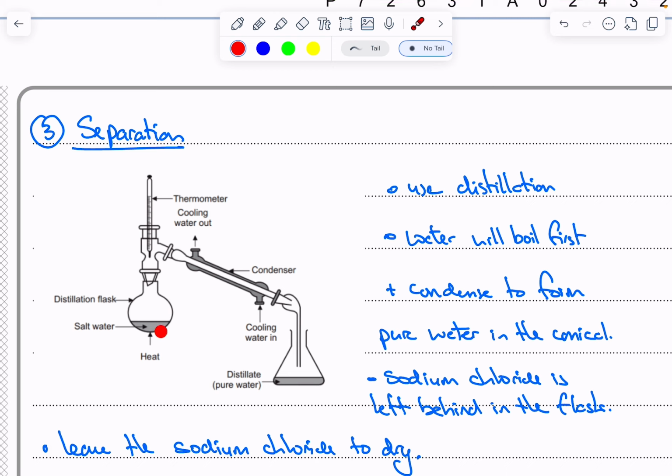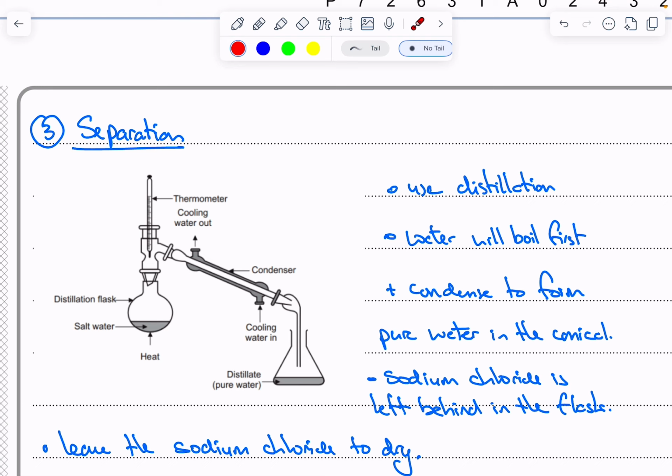The water would boil first because it's got the lower boiling point, and the water would come up to here. It would then condense and form pure water, and the water would then be collected inside the conical flask over here. The sodium chloride would be left behind in the distillation flask, the round bottom flask over here.